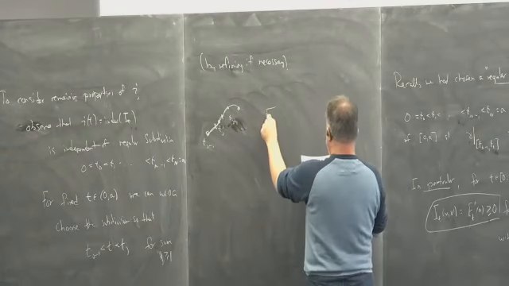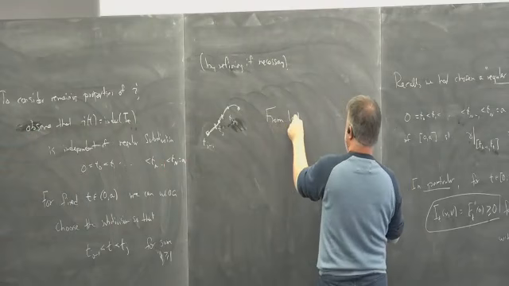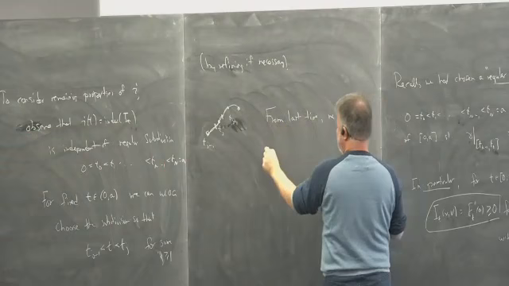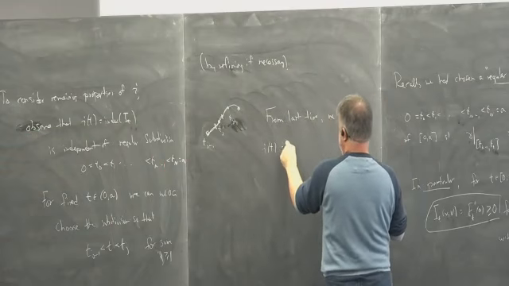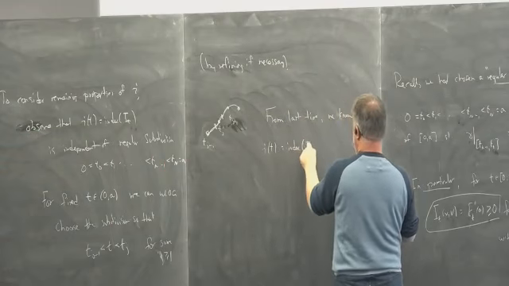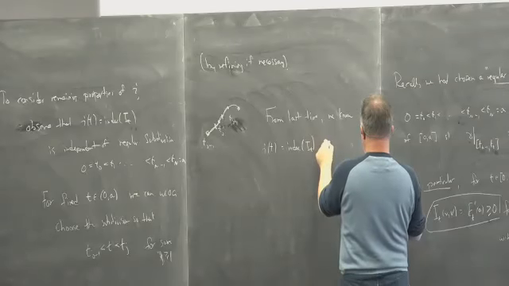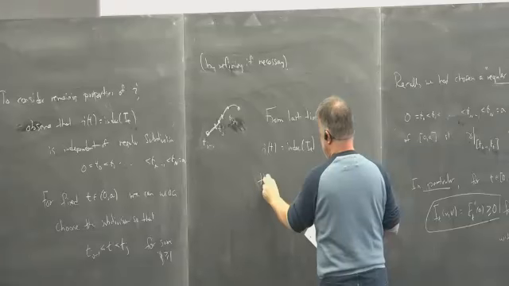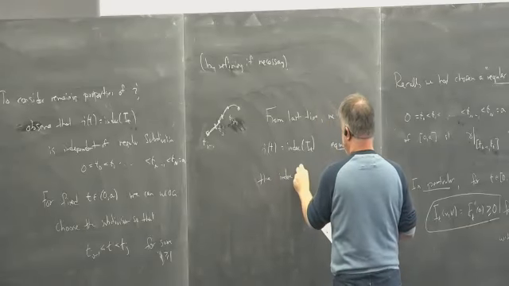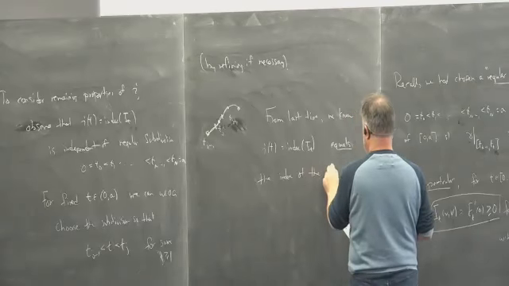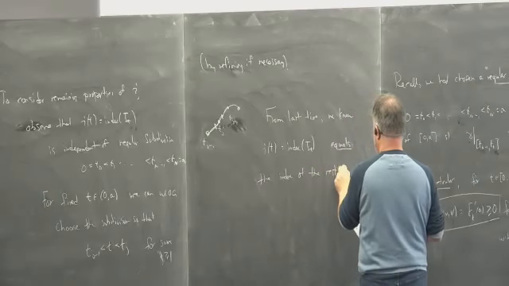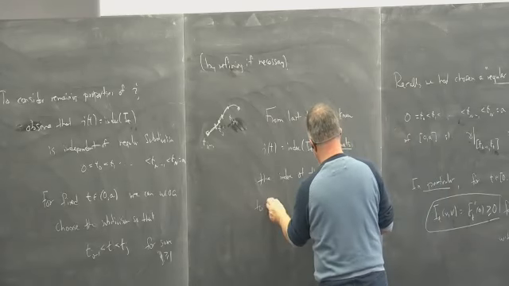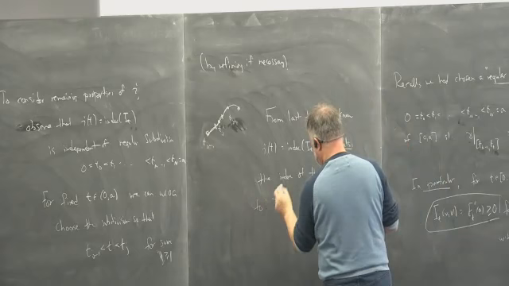So from last time, we know that I of t, which is the index of IT, equals the index of the restriction of IT to what we called V minus t.